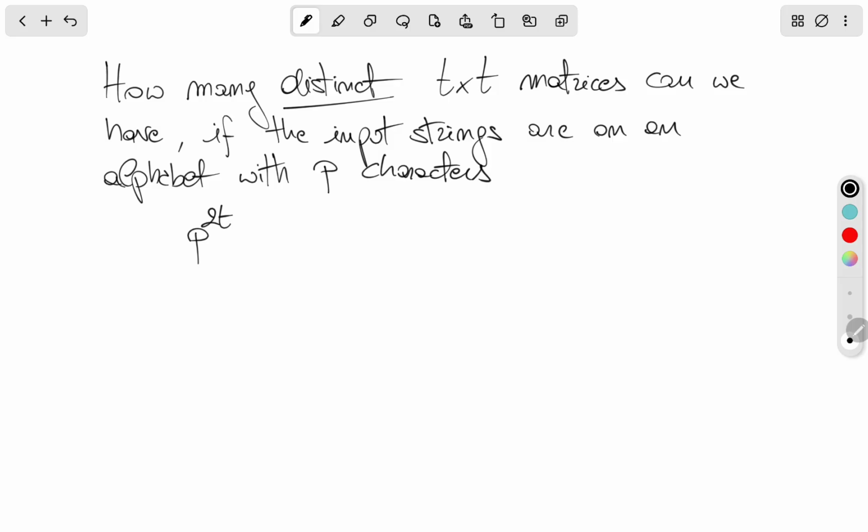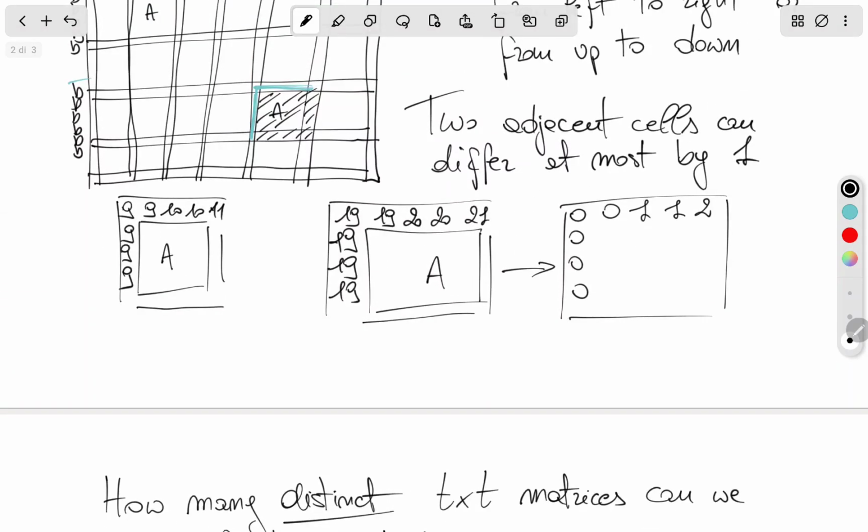The point is the values in the first row go from 0 to T minus 1, but that's too much. We need to do something smarter. The value increases, so the first value can be T, then T minus 1, T minus 2. If I go from left to right, the value cannot decrease.